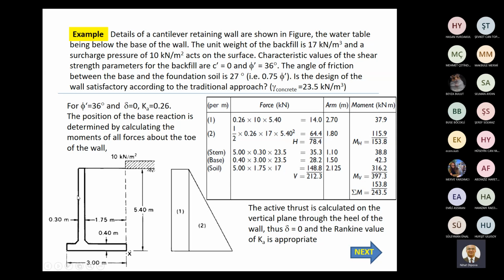Stem thickness is 0.3 multiplied by the height 5 meter, and 23.5 is the unit weight of concrete. Similarly, for base, 3 meter B multiplied by 0.4 multiplied by concrete unit weight. So this is weight.